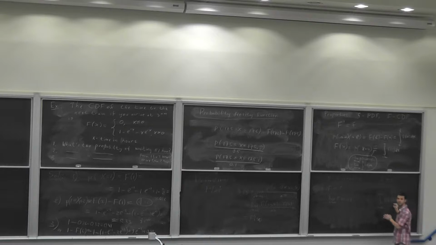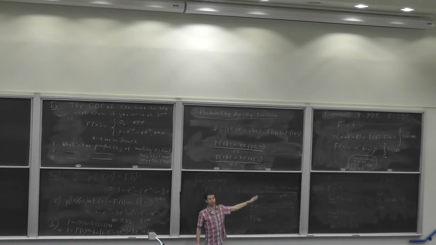So in a way, that's an analog of saying that the overall probability of getting some outcome is 1. Okay, and this property doesn't have a simple analog. So these are the things that you should remember about the cumulative distribution function and the density function.